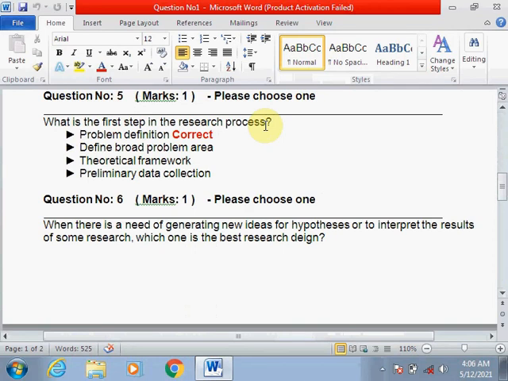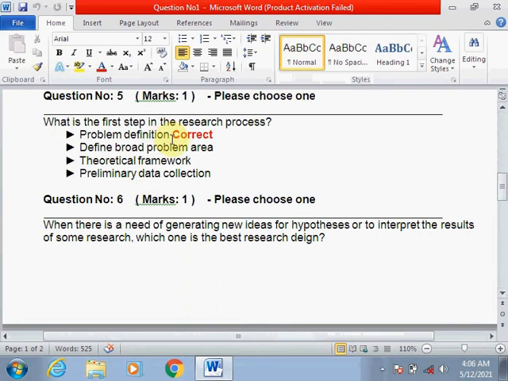Problem definition, define broad problem area. Theoretical framework. Preliminary data collection. The first step in the research process is problem definition.